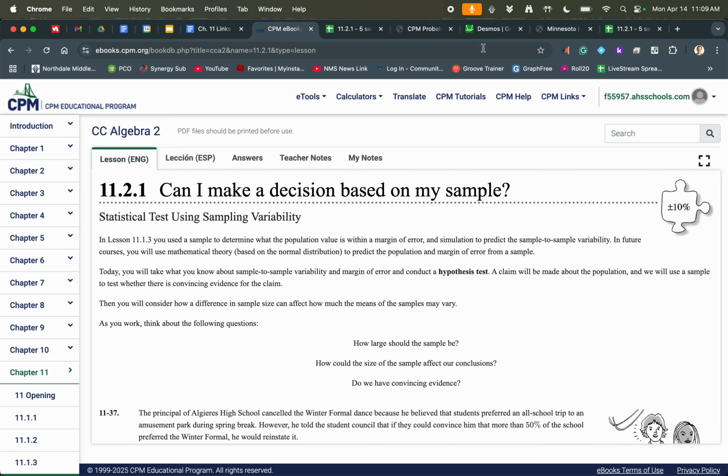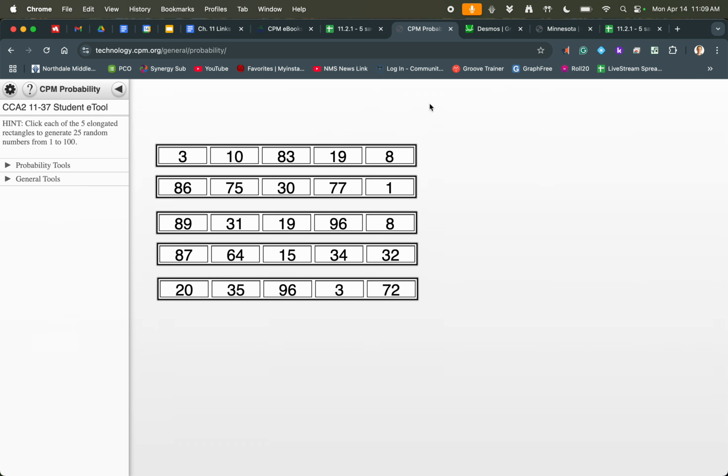Let's start off with the CPM one. Here you would just click these five lines, 5, 10, 15, 20, 25, and you just go through and say, okay, I've got 1, 2, 3, 4, 5, 6, 7, 8, 9, 10, 11, 12, 13.